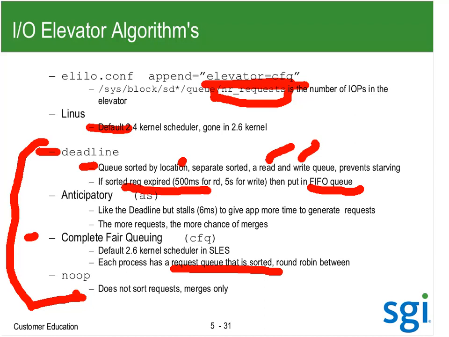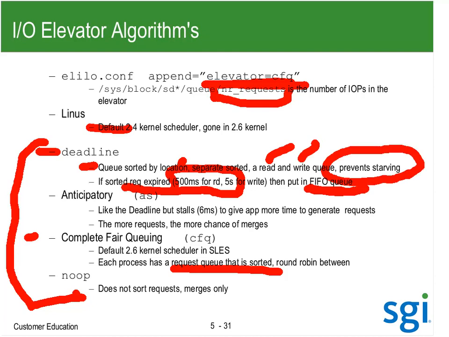This comes out of Robert Love's Linux Kernel Development. But there's no way of tuning it, and I haven't seen it where it's actually happening in the code. But basically saying, if my request has been waiting for 500 milliseconds for a read, or 5 seconds for a write, then it's put on the FIFO queue and addressed immediately. Again, we're trying to prevent starving and marooning.